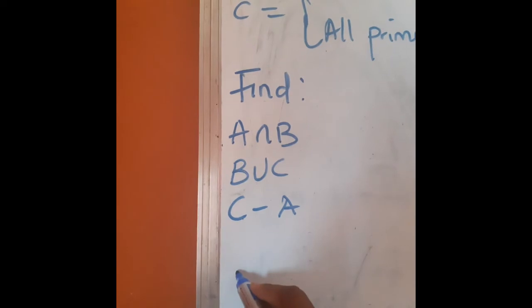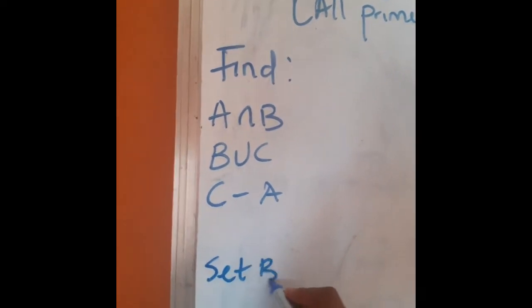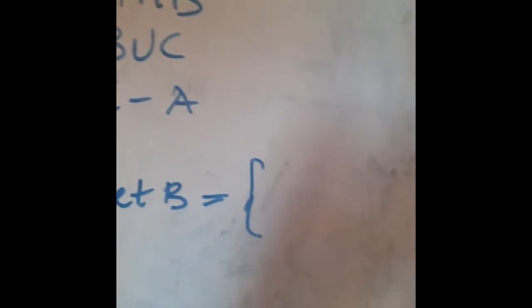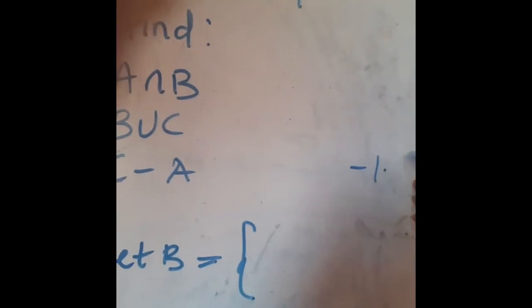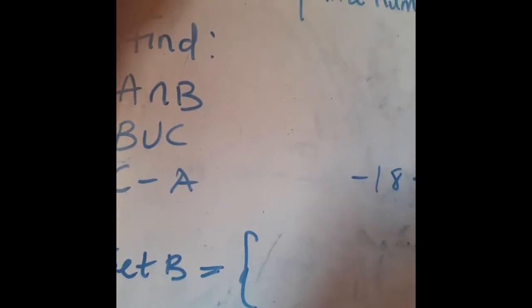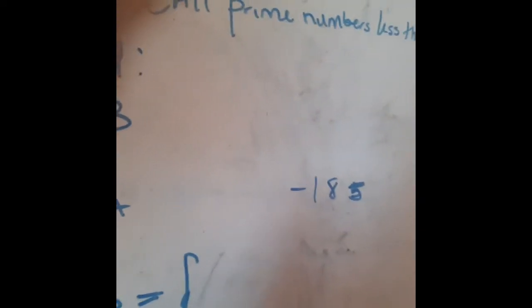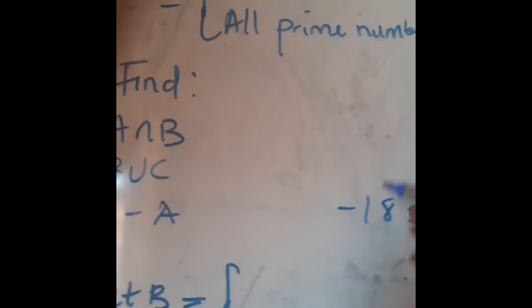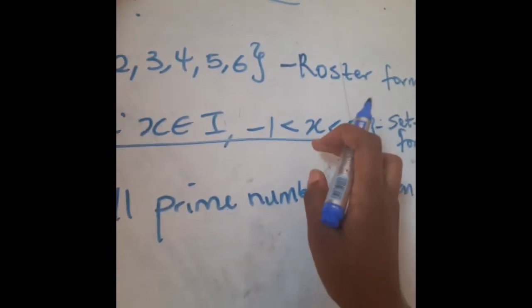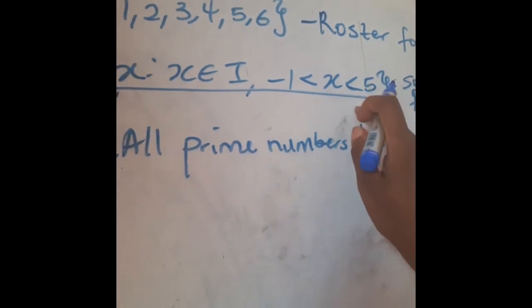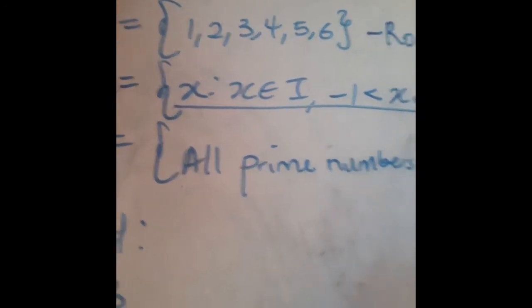So set B equals x such that x is an element of an integer and x is within the range of -1 and 5. The property says x is greater than -1 and x is less than 5.